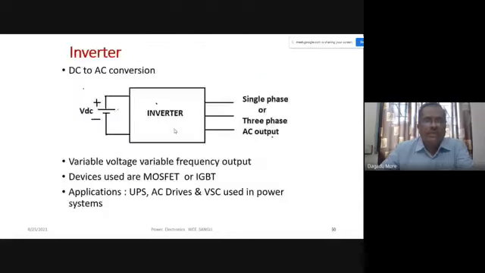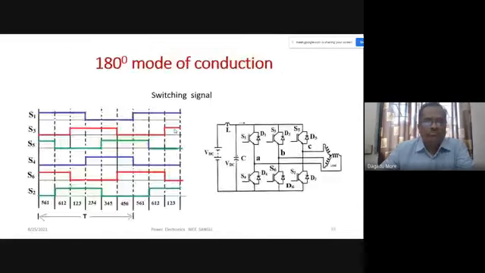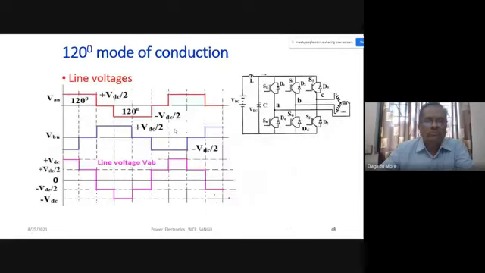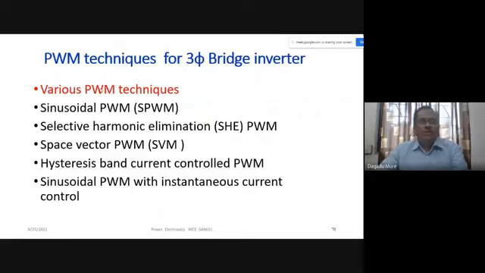These PWM techniques are sinusoidal PWM, selective harmonic elimination (SHE), space vector PWM, hysteresis band current control PWM, and sinusoidal PWM with instantaneous current control.